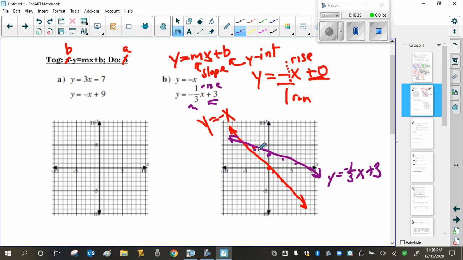And now I'm going to cheat a little bit because I know that the intersection point is -4.5 and 4.5 up. So it's right here. So the solution is -4.5 and 4.5.